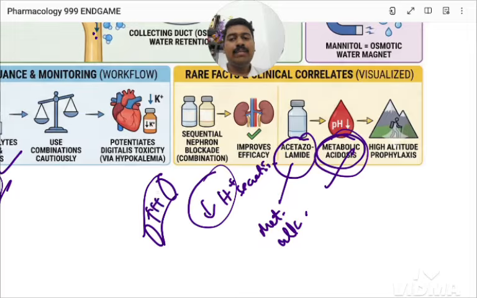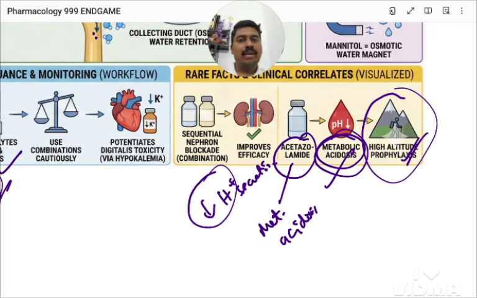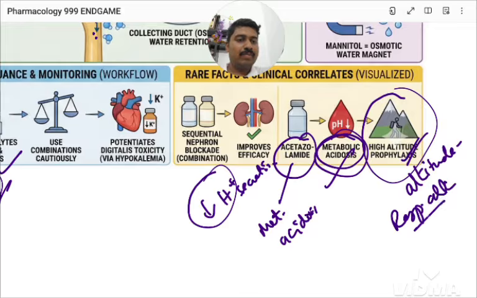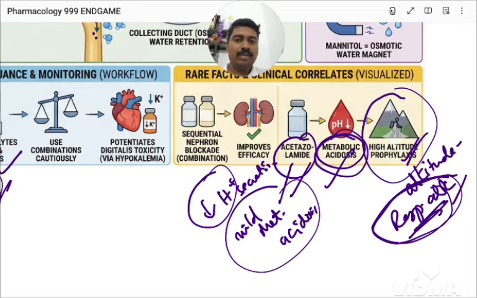When there is increased H plus, basically we have metabolic acidosis. In mountaineering, in high altitude sickness, what occurs is respiratory alkalosis, not metabolic alkalosis, because of hyperventilation. So we want to compensate it with mild metabolic acidosis, which will be done by acetazolamide.